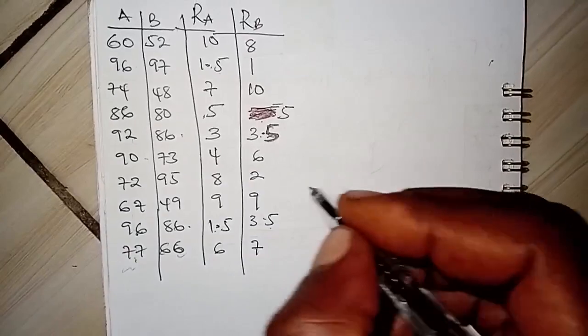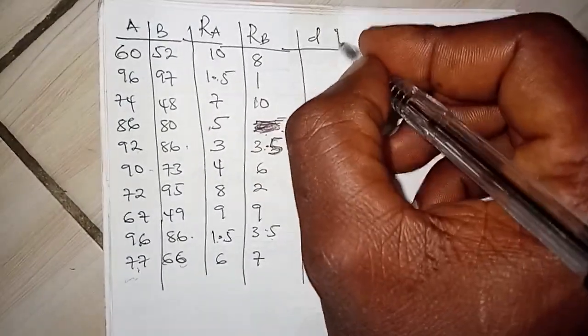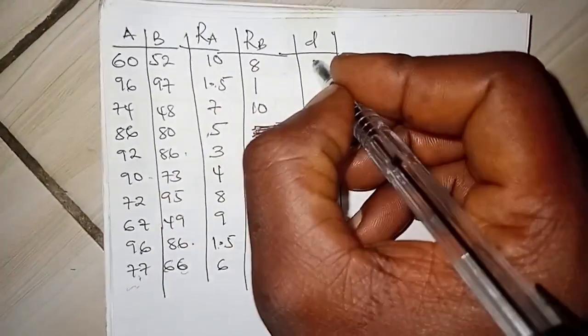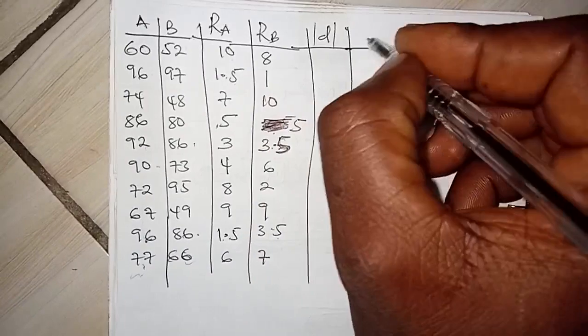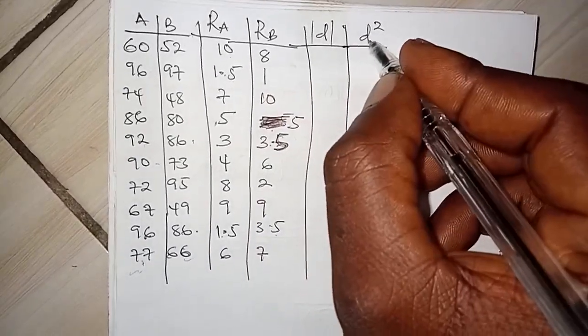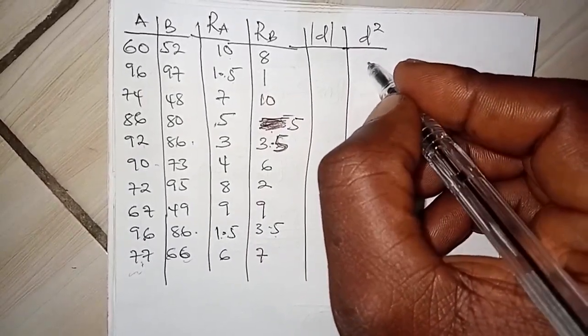Having done that, we can now find the difference. The difference is this minus this, absolute value. It doesn't really matter even if you put the minus sign, because we're going to get d squared. The minus sign is still going to disappear when we square it.